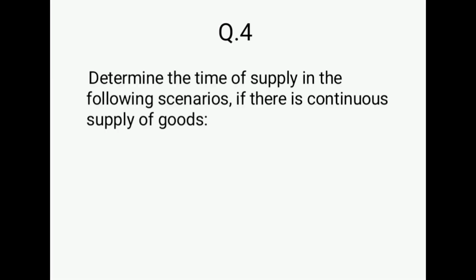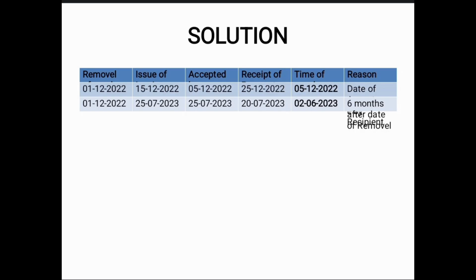Next is question number 4: determine the time of supply in the following scenario if there is continuous supply of goods. Sometimes you get goods one time only, and in certain cases you get continuous supply. This question is based on continuous supply, not one-time supply. The first, second and third columns are the question, the fourth column is the question, and the fifth is the answer.